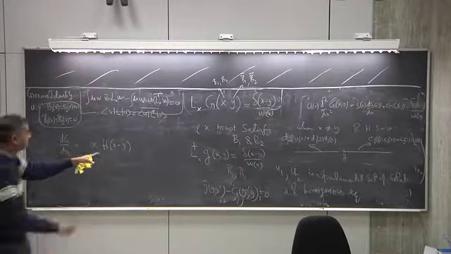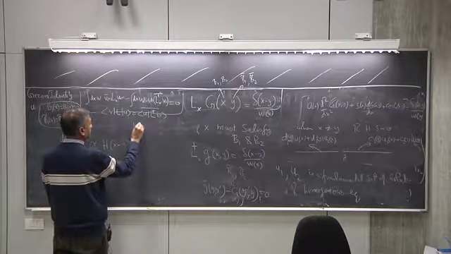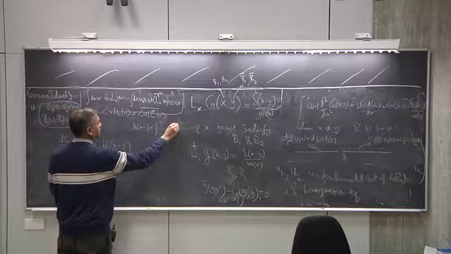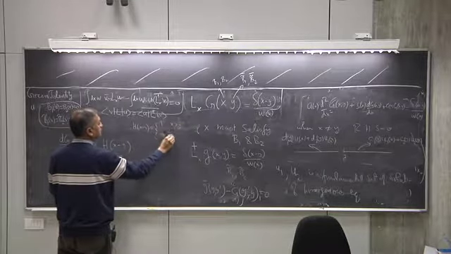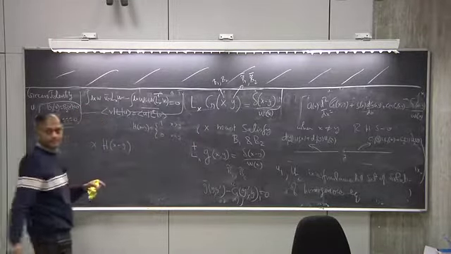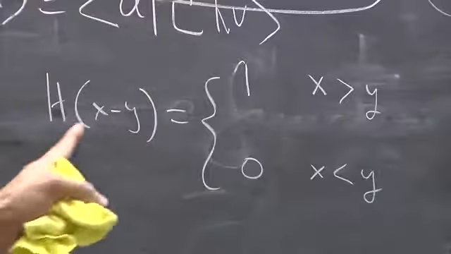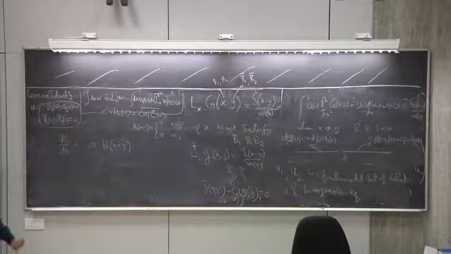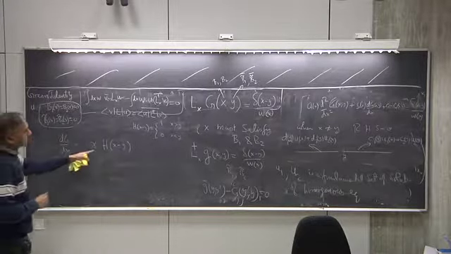You remember the step function was defined as h of x minus y is equal to 1 for x greater than y and 0 for x less than y. And its derivative will give you the Dirac delta function. So it should be something like this.